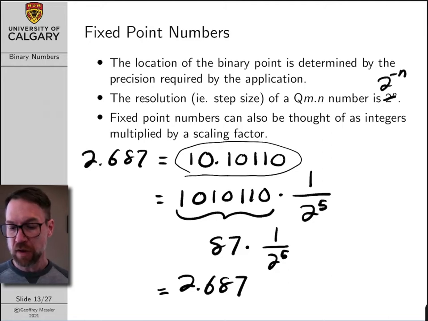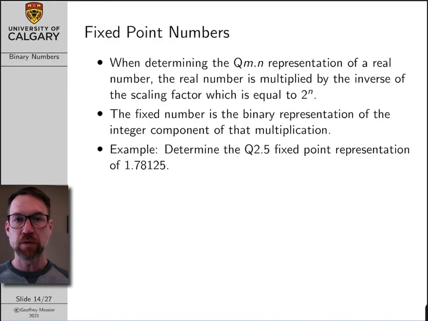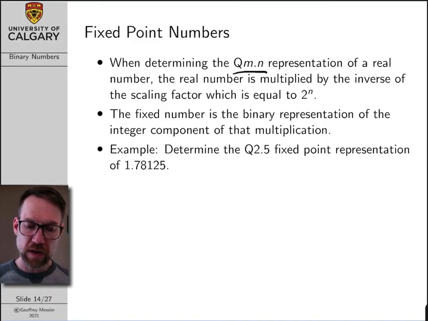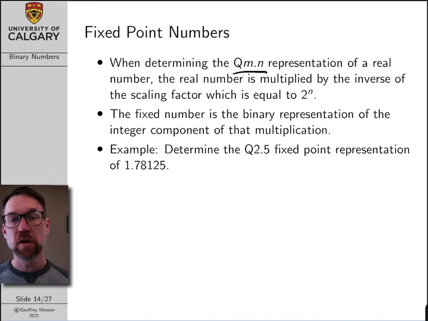But as it turns out, this scaling factor trick is going to be useful for us when we want to convert a real number into fixed point binary representation. So now let's look at how to convert a base 10 real number into fixed point representation. When we want to determine the Qm.n representation of a real number, the first thing we do is multiply it by the inverse of that number's scaling factor.